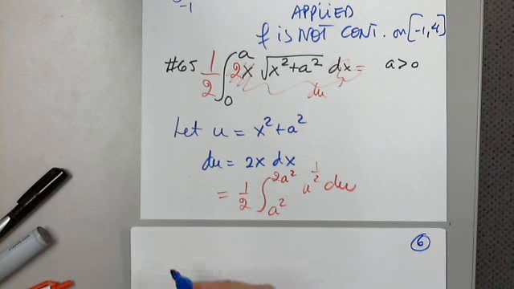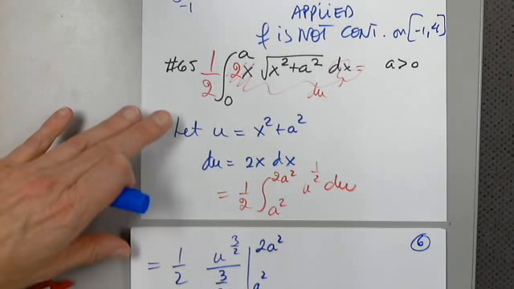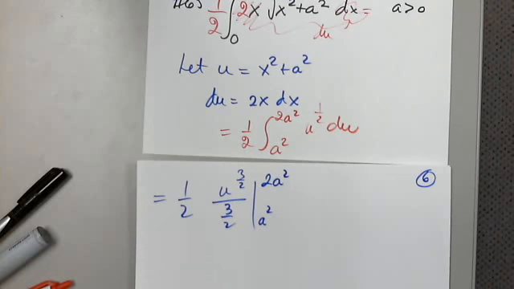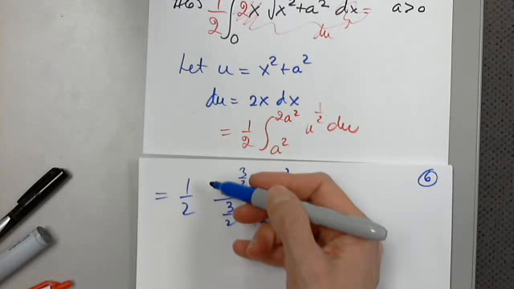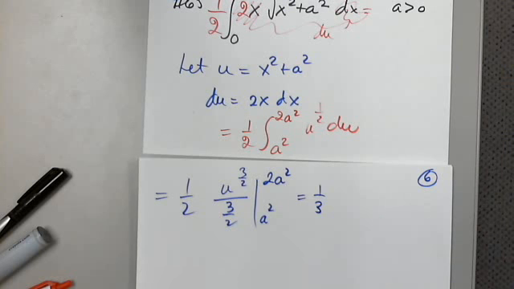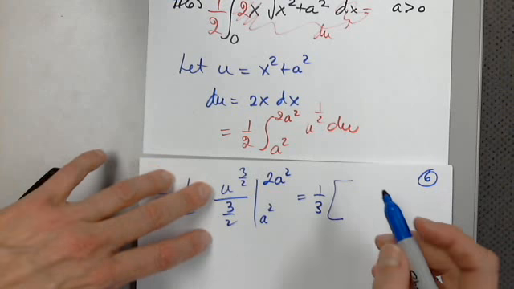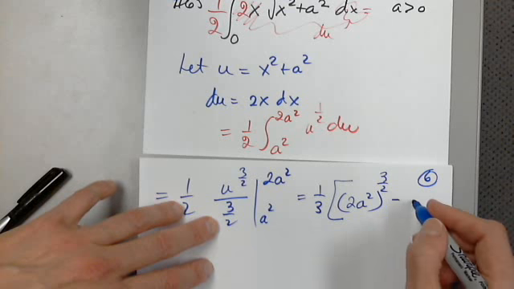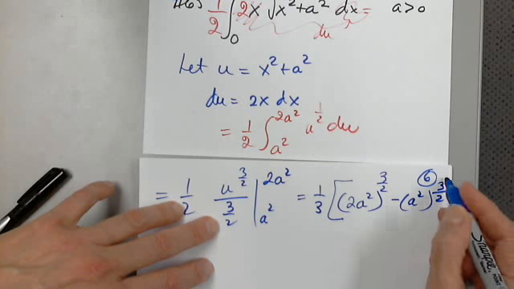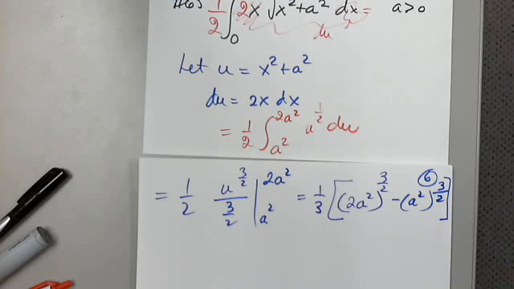We had that so many times. So u to 3/2 over 3/2 from a squared to 2a squared. I flip 2/3 and I get 1/3. So now I have 2a squared to 3/2 minus a squared to 3/2. I plug in 2a squared, and I subtract when I plug in a squared.